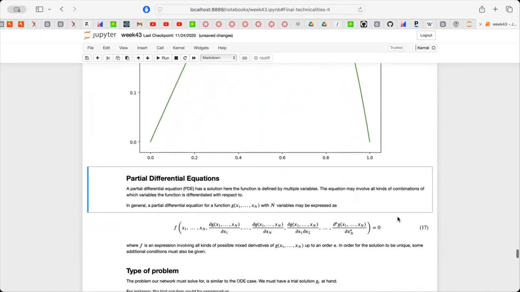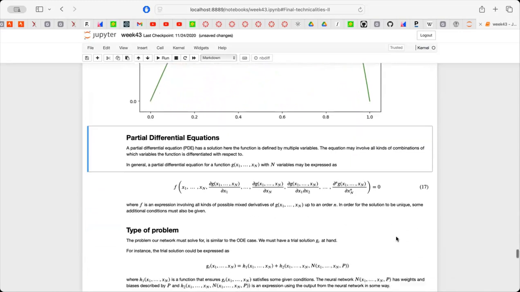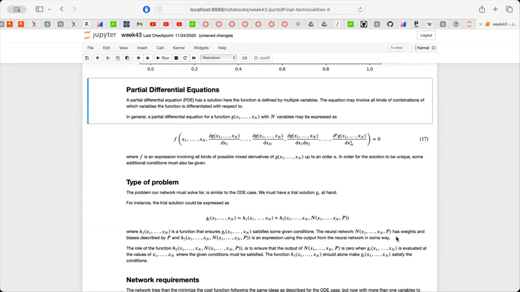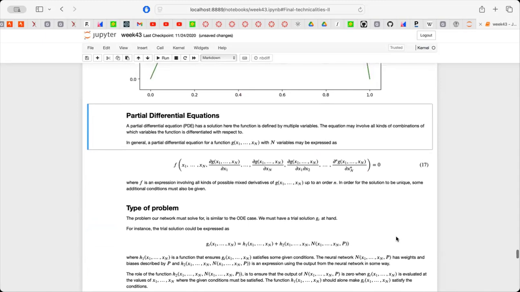Now we can move on to the solution of differential equations. And one of the first problems which we encounter is that of the diffusion equation in one dimension. In this case, what we need is a function f which contains the derivatives, either first derivatives, second derivatives, etc. And these are derivatives which then obviously depend on the type of variables which we have.